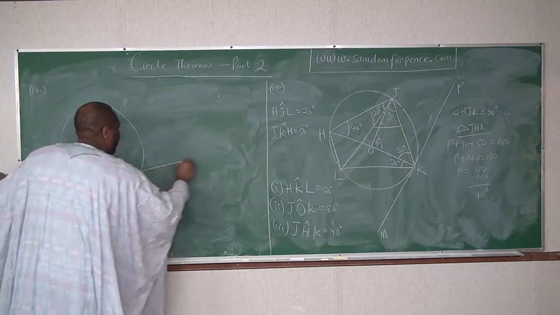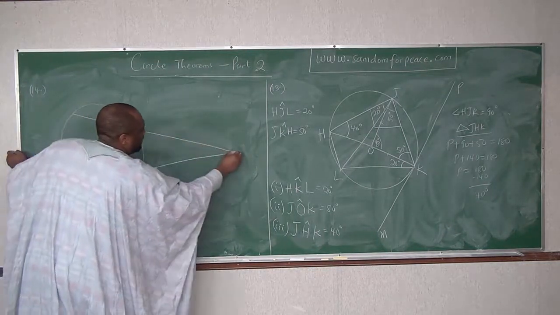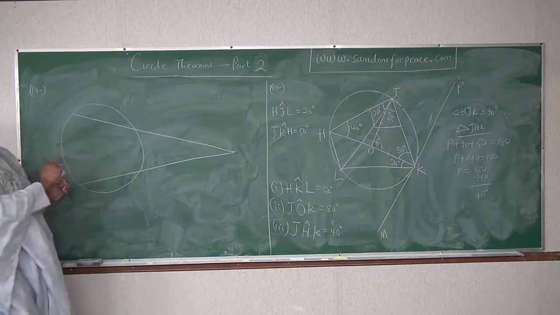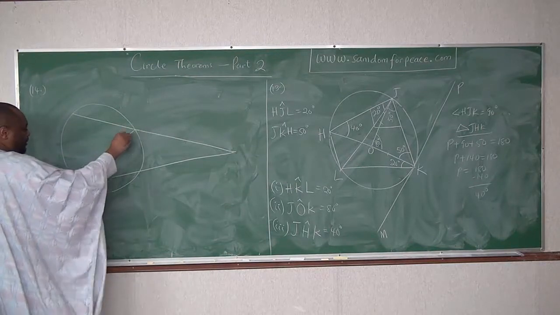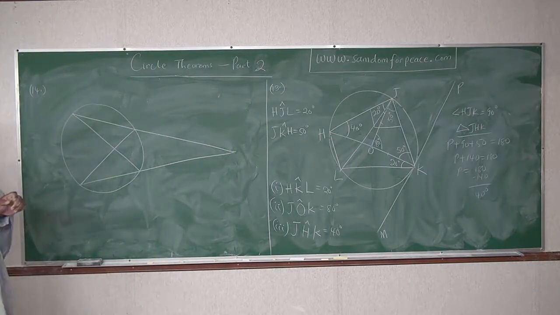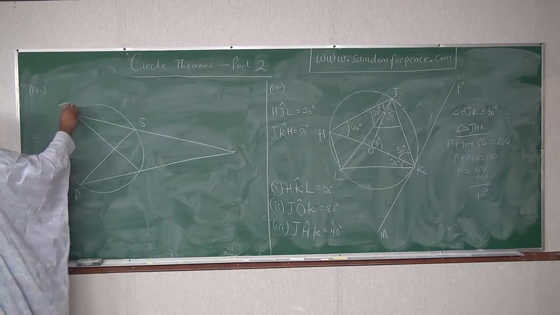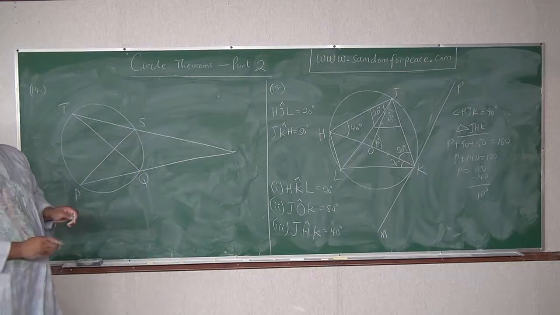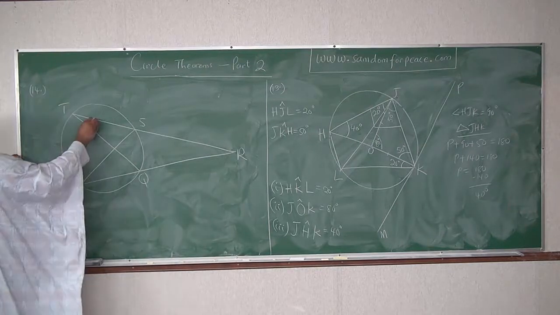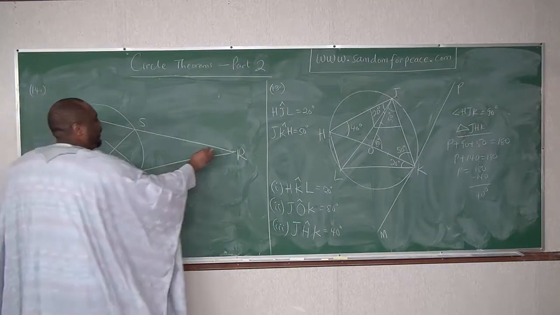So you have this, and that going like this. You have P, S, T, Q, R. And this is 31 degrees, and this is 58 degrees.